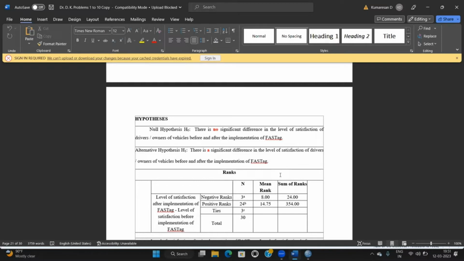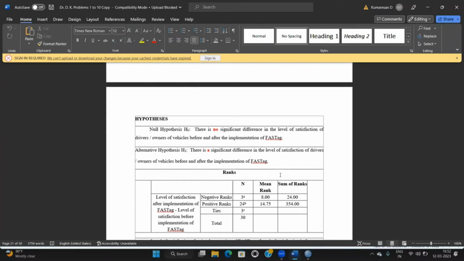The similarity is with reference to the number of samples and number of data. In the case of the independent sample t-test and Mann-Whitney U test, the number of samples is 2 and the number of data is 1.